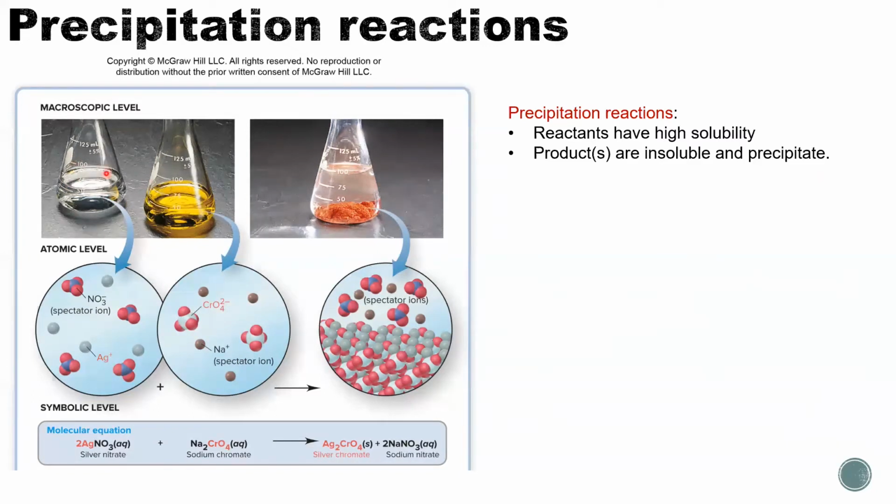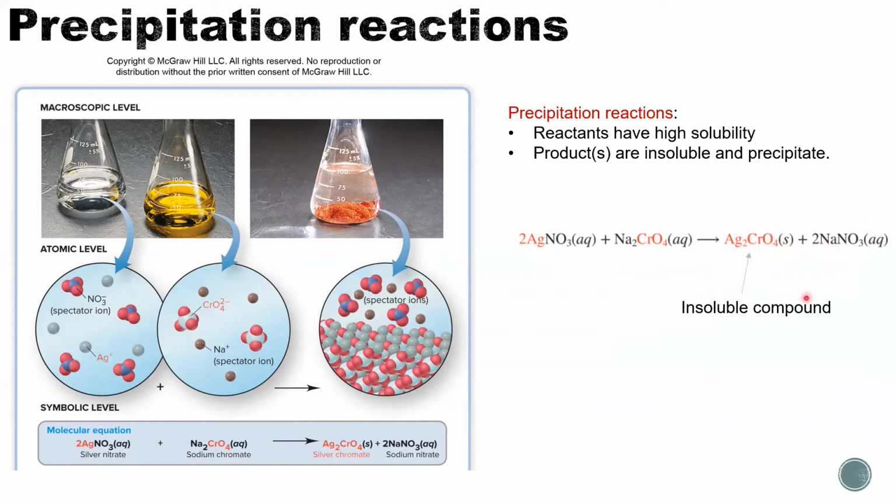If we mix these two together, boom, we have the product, and one of the products is a solid, silver chromate. So if we write out the reaction, it shows up like this. 2 silver nitrate react with one sodium chromate to produce silver chromate, which is an insoluble product, and sodium nitrate, which is soluble.